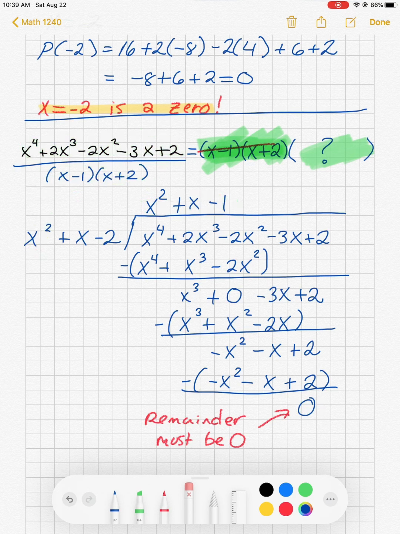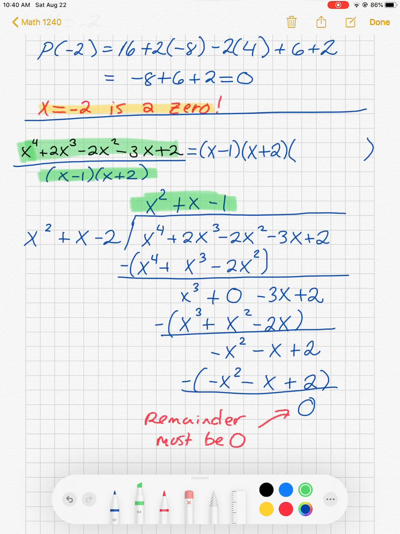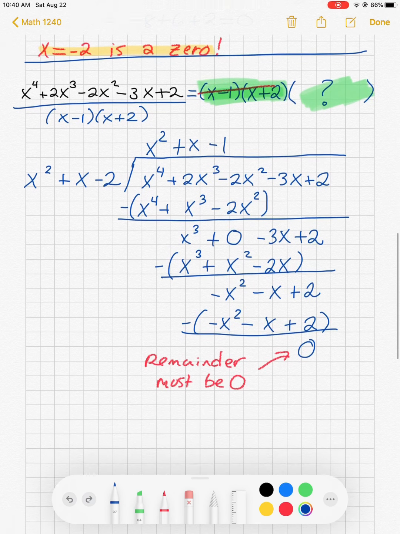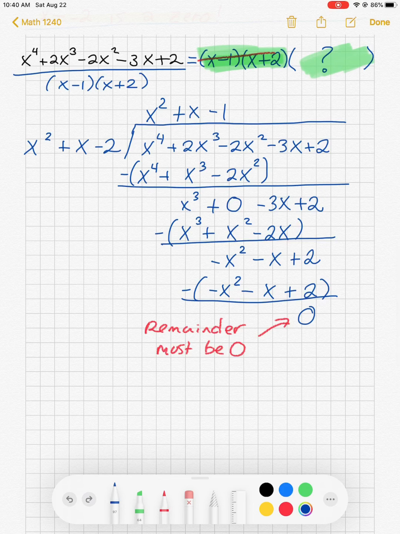So then what are we saying next? So let's see. We're saying that when we take this and divide by this, what we get is that quadratic. Okay, so how do I want to write that? Let me leave that there, and let me come back down here and say, okay, so what did we conclude?